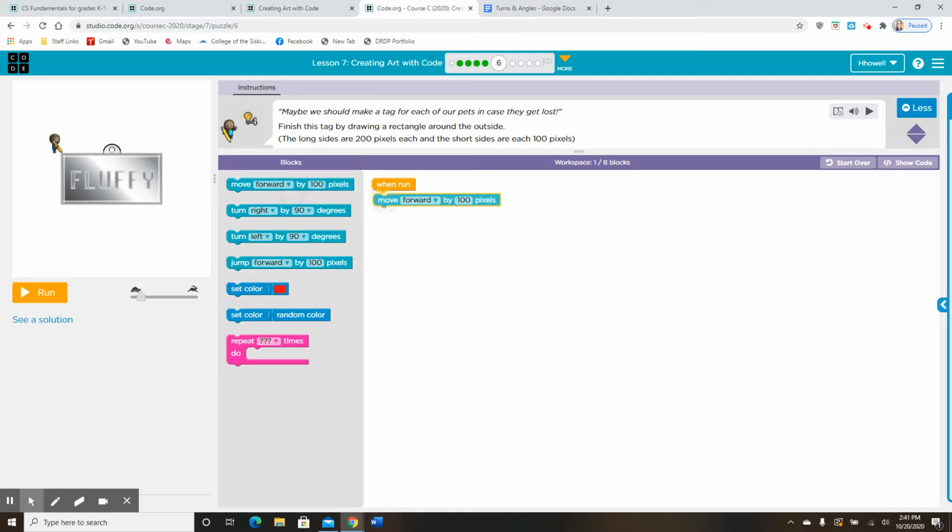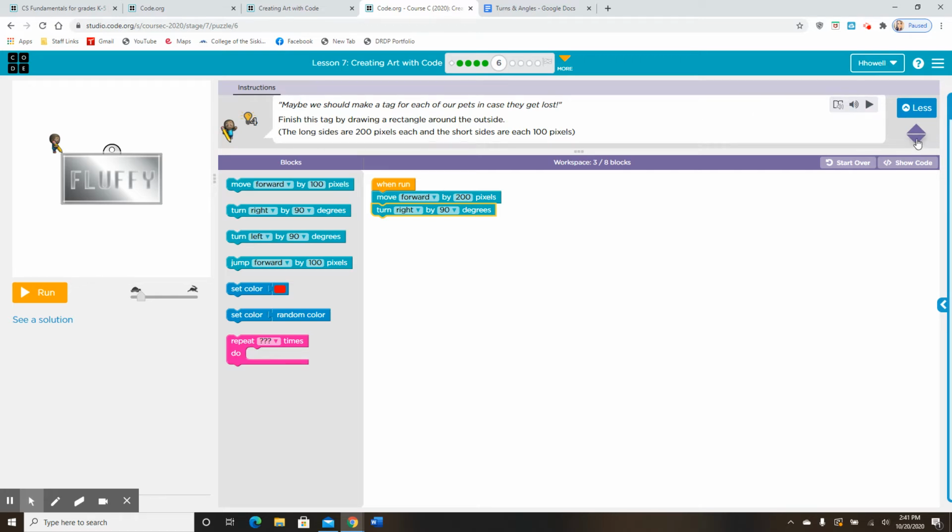Okay, I'm going to move forward. Now, it says 100 pixels, but what was my hint that it's actually not 100 pixels? Right, up here it says the long sides are 200. So we're going to punch in 200, like that. Now I would need to turn right by 90 degrees, and that we know because it had told us that they were 90-degree angles.